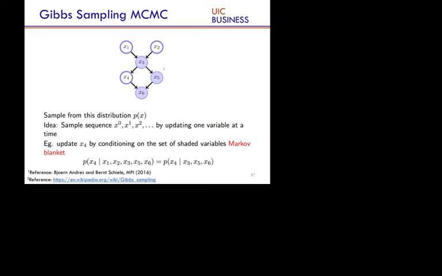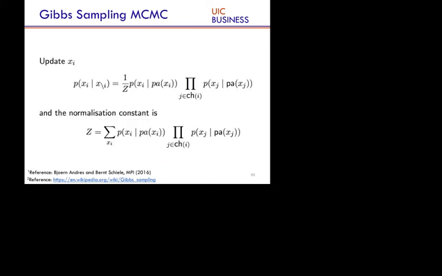So what exactly is the algorithm? The Gibbs sampling algorithm is as follows. I want to get a sample of x1 to x6.